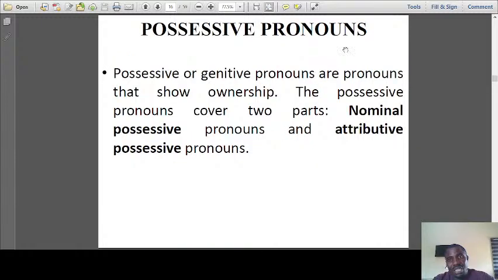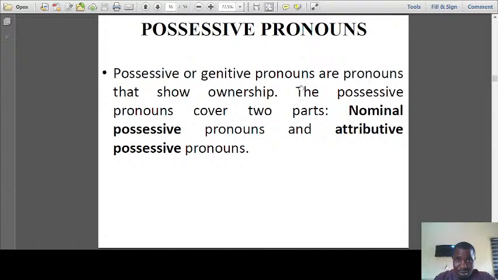The next one is possessive pronouns. Possessive pronouns show ownership. Just like what we said before about the genitive case pronouns, some pronouns will accept apostrophe s, while others will not. In this very case, we are talking about the possessive. It shows ownership. Who is the original owner of it?